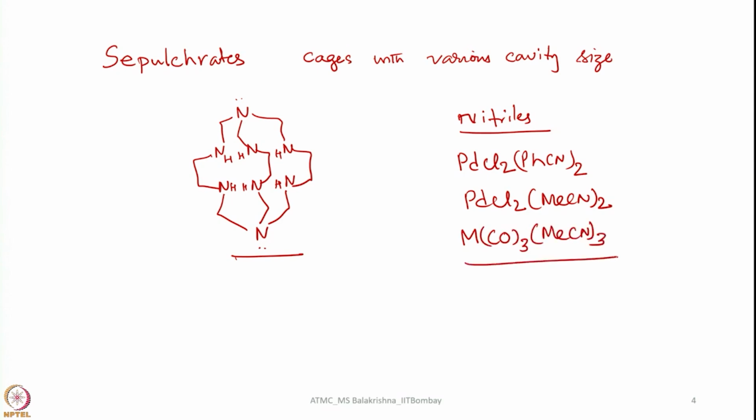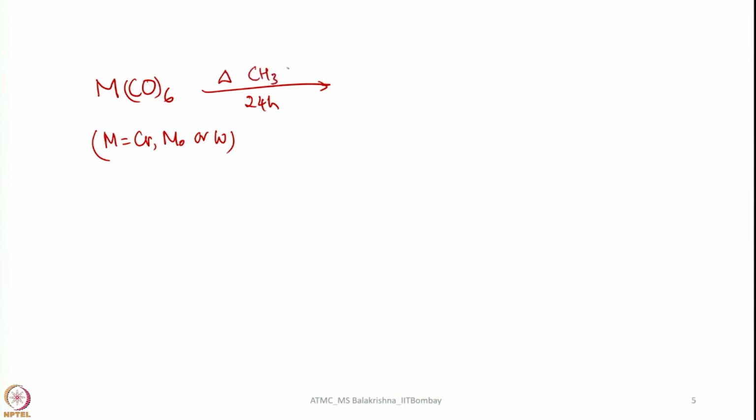This is a very useful compound. You take the metal carbonyl where M can be chromium, molybdenum or tungsten, and reflux for 24 hours in acetonitrile. It gives a compound of this type. So, this is a very useful ligand.